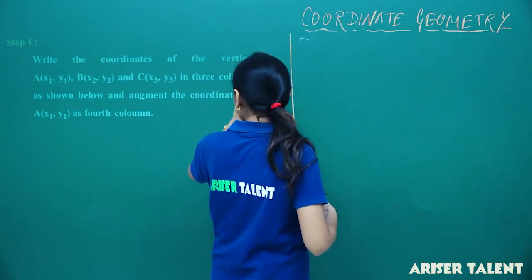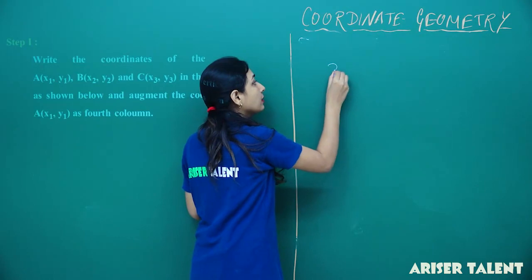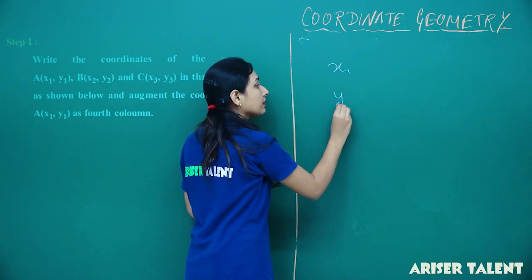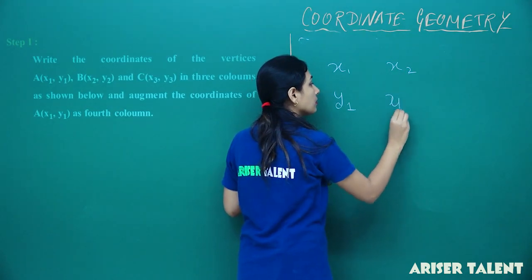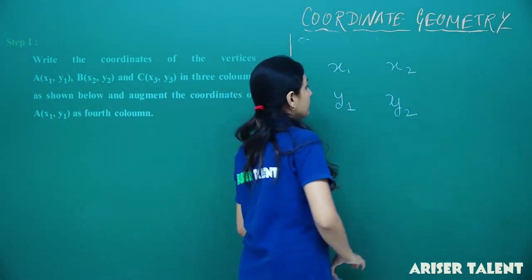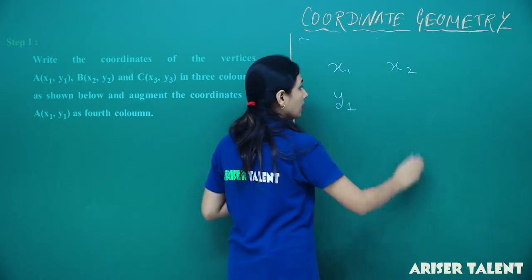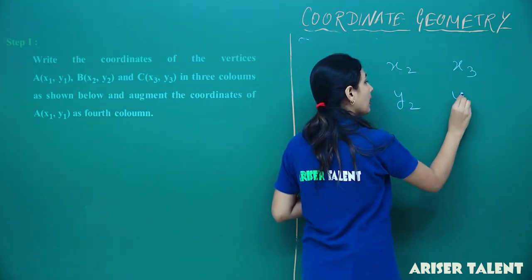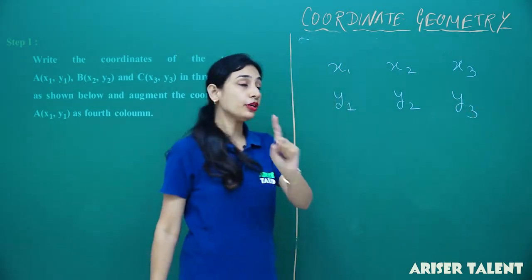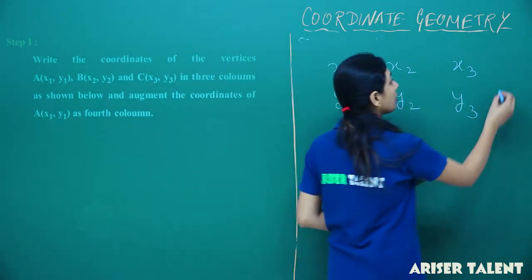So you have to write it like this: x1, y1, x2, y2, x2, y2, x3, y3.